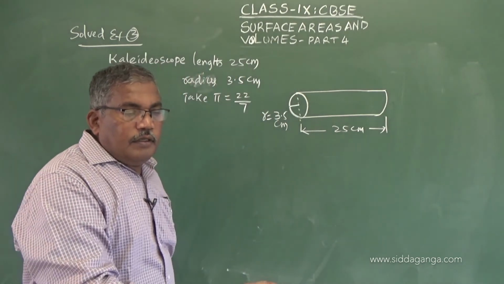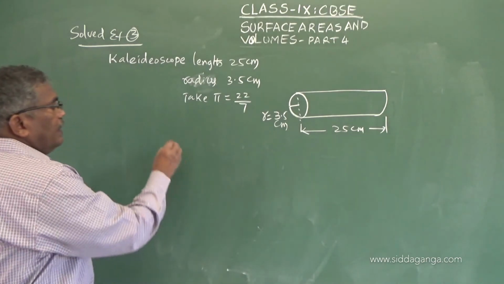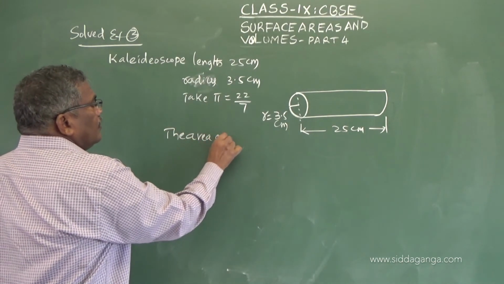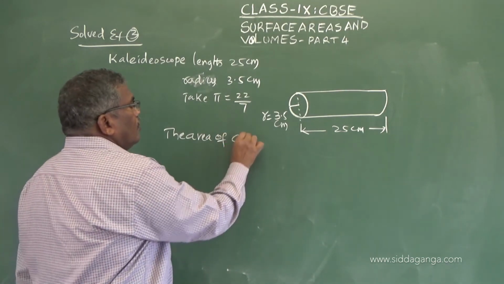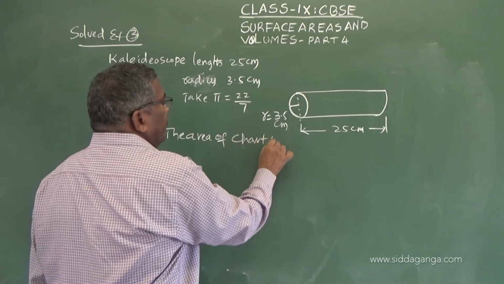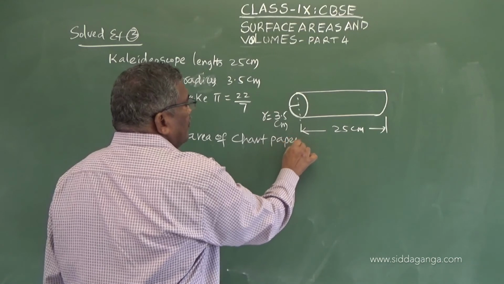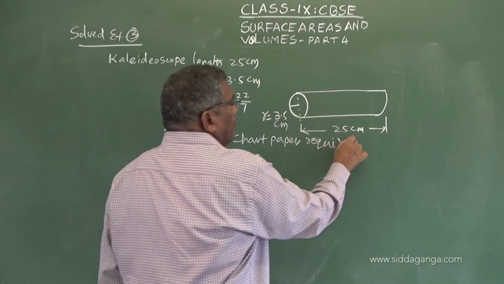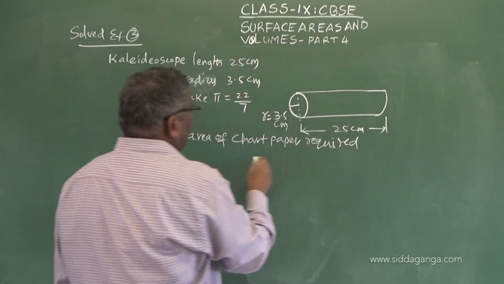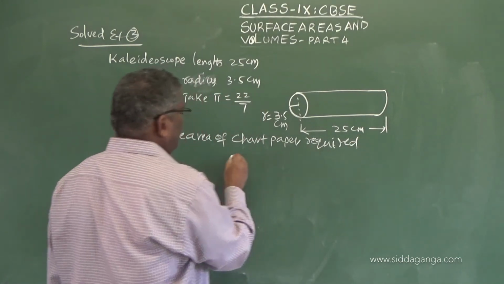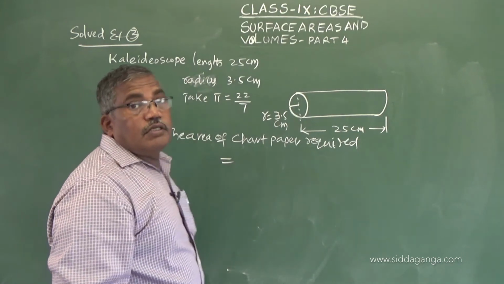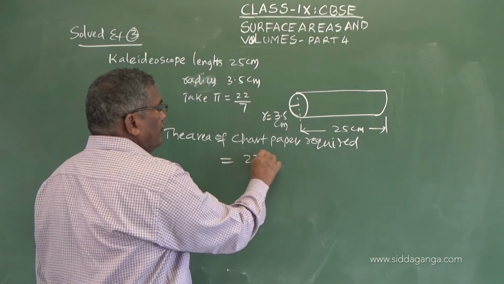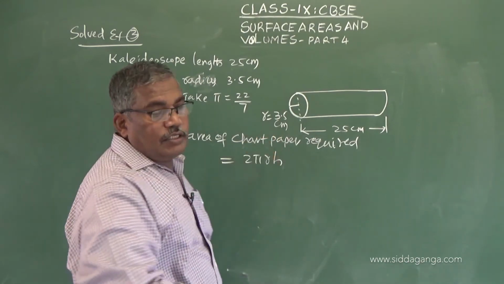So the area of chart paper required is equal to the curved surface area of the cylinder, that is 2 pi r h.